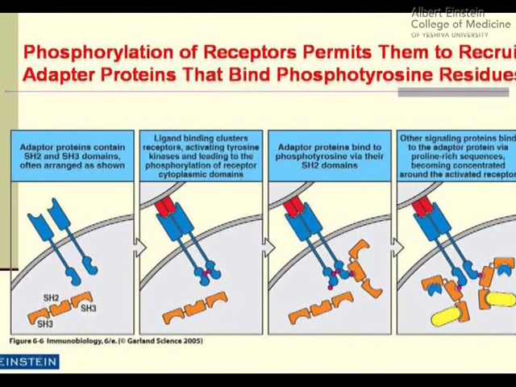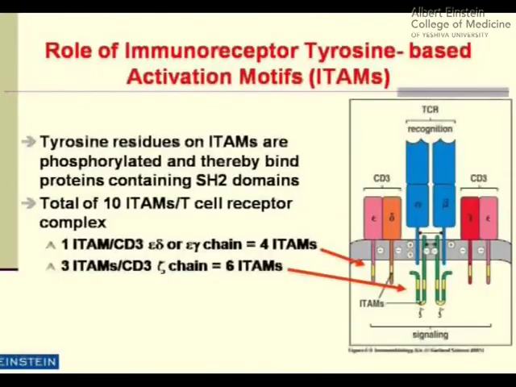And now you could have a situation where, again, you have new proteins, all of which are being recruited into this complex of interacting proteins that are all being phosphorylated and all being activated, again, starting this whole tyrosine kinase process. Okay. So what are the roles of these ITAMs in signal transduction?